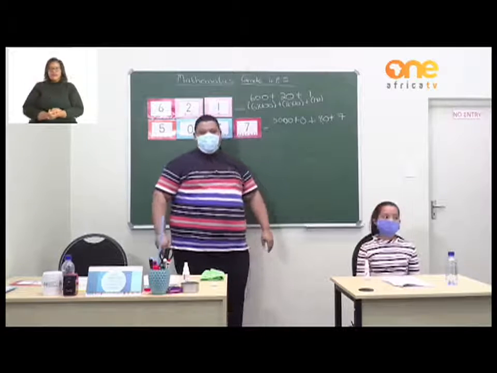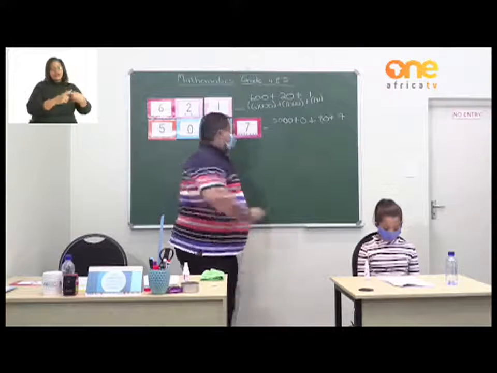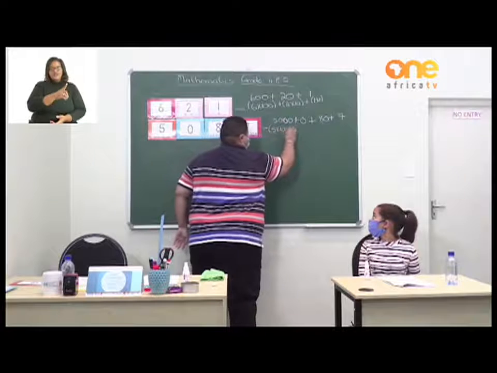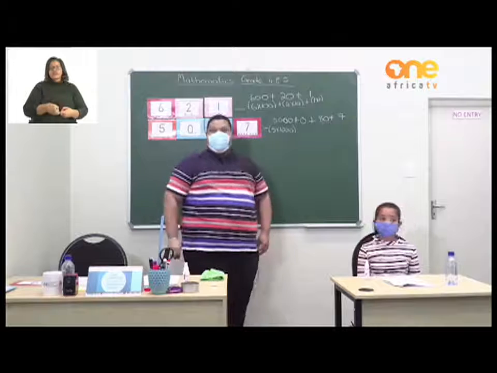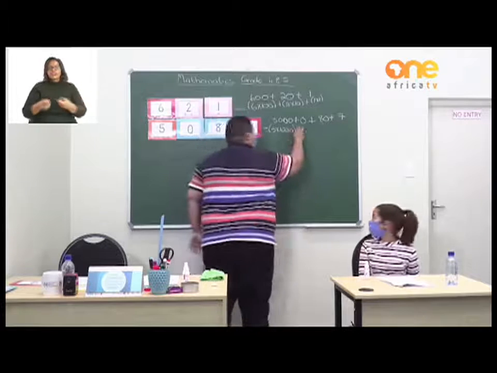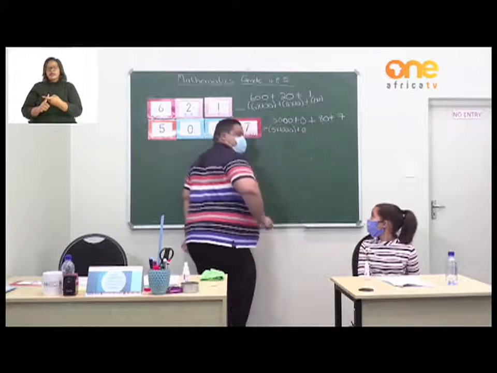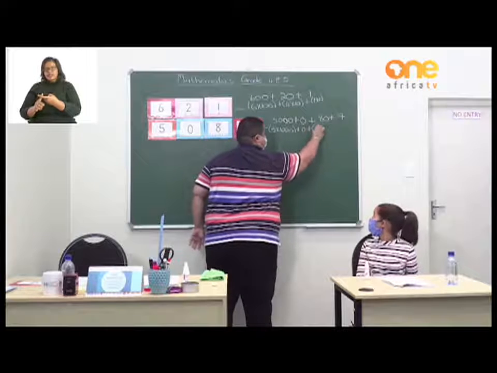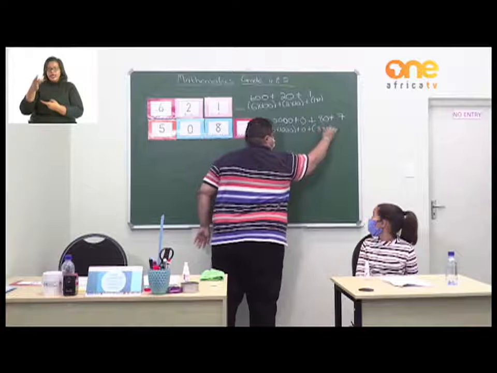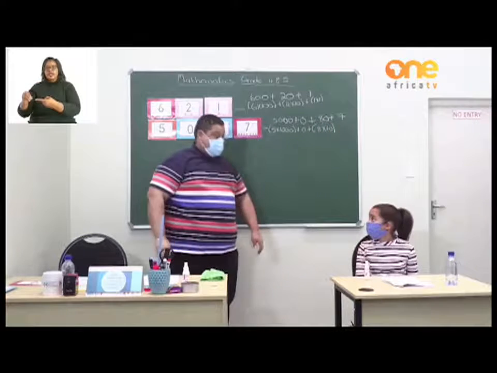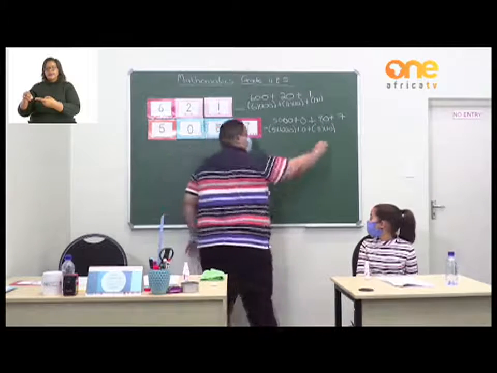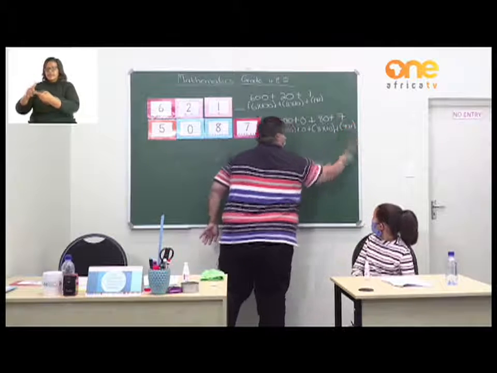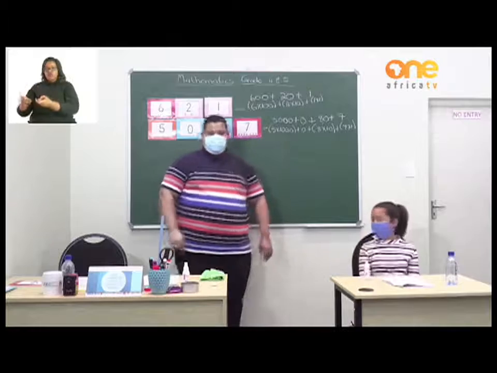Now let's try it with multiplication. 5 times 1,000, that is equal to 5,000, plus, we just write 0 to indicate that there's no hundreds, plus 8 times 10, that is equal to 80, and then lastly we have 7 times 1, which is equal to 7.